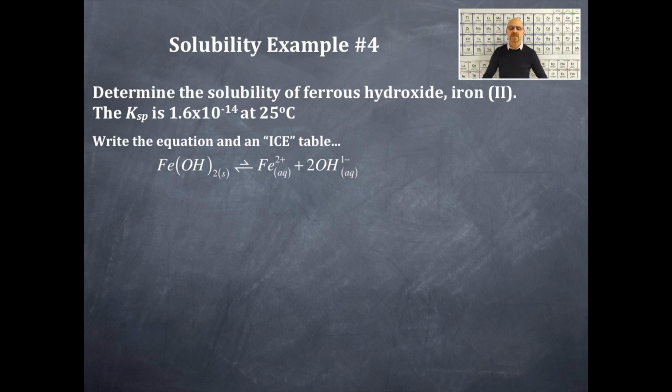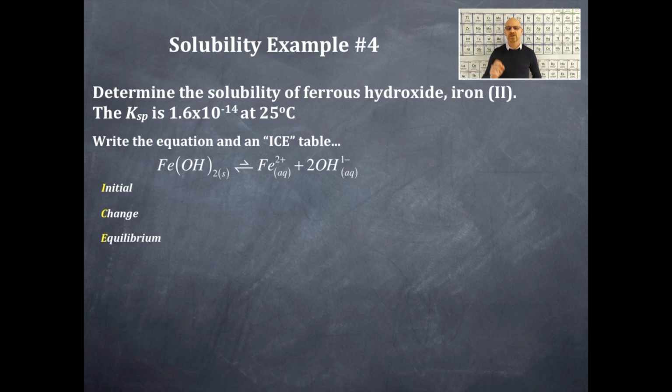That dissociates to give a ferrous 2+ ion and 2 hydroxide ions. Both of the ions on the product side are aqueous, and the equilibrium lies predominantly on the reactant side, as you can see with that Ksp of 10 to the negative 14, so this is a reactant favored reaction.